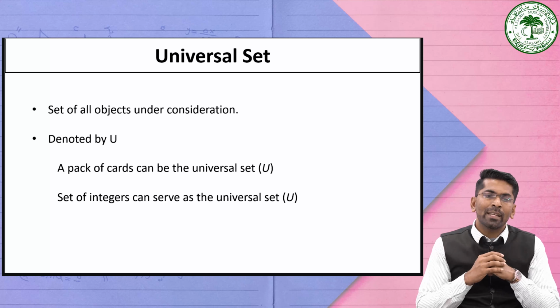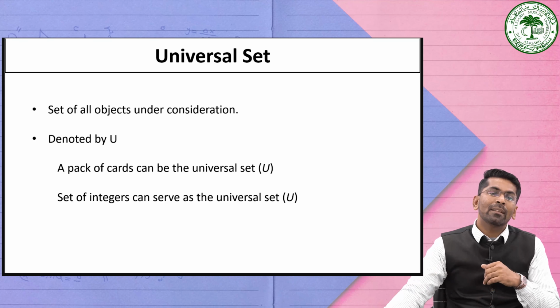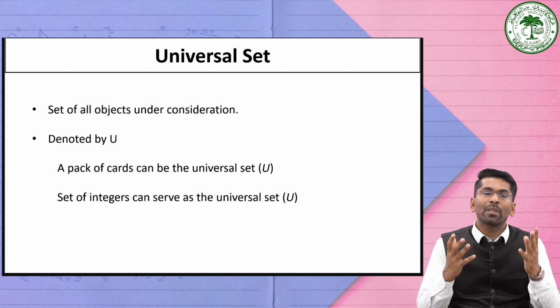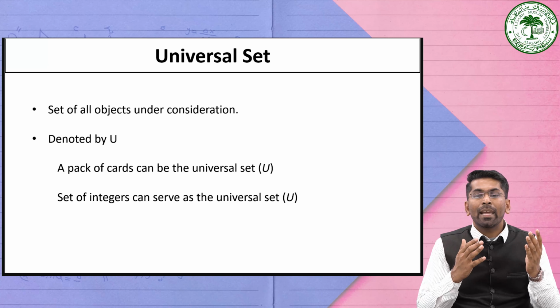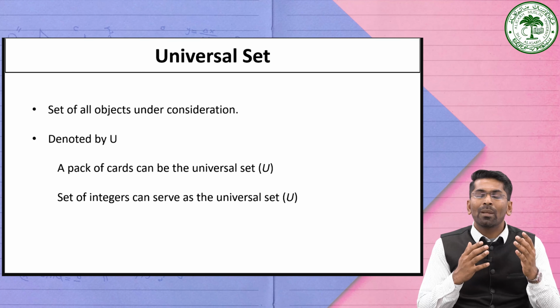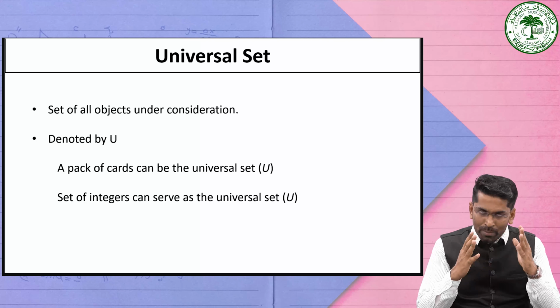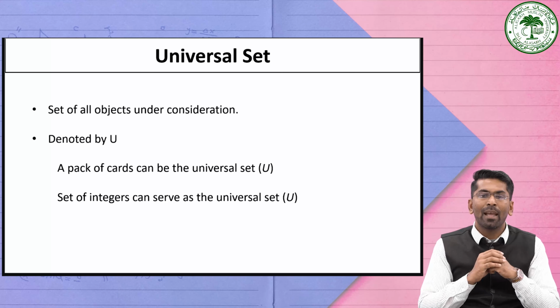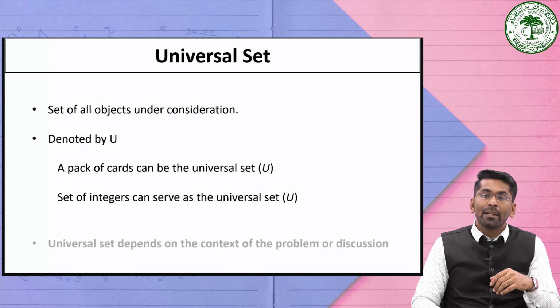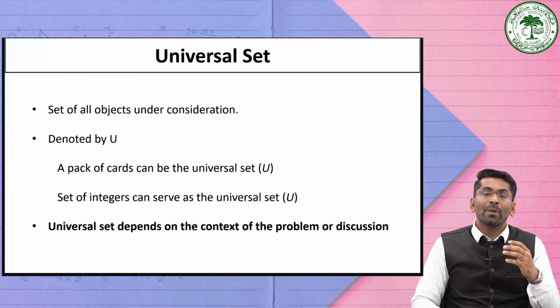So all the even numbers and odd numbers become subsets of this entire universal set. It is important to note that the choice of universal set depends entirely on the context of the problem or discussion under consideration at a particular moment.